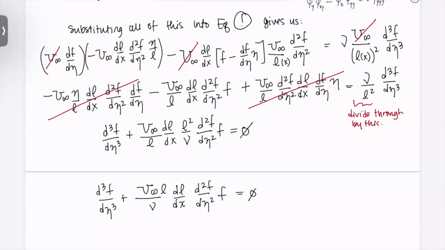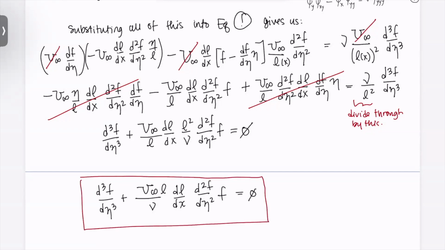So not too bad, but this is still a very nonlinear third order differential equation. I said nonlinear, right? Yeah, okay. So here's our governing equation. What should we call this equation?